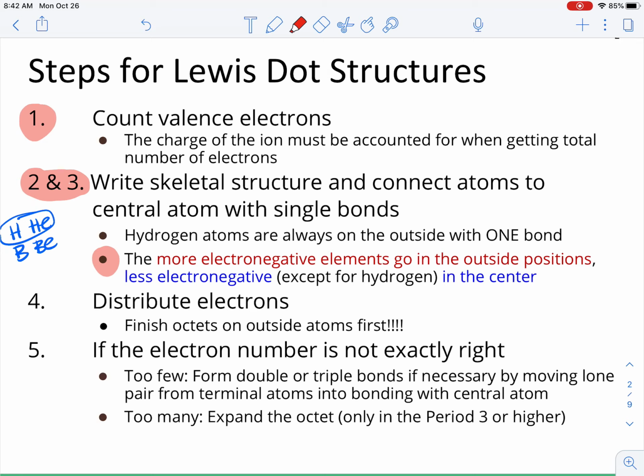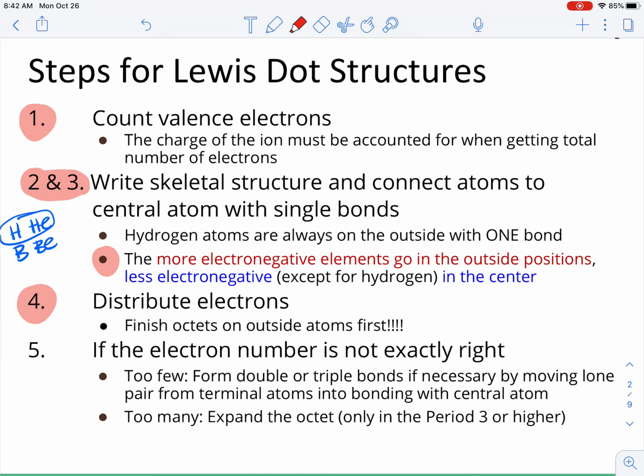After we've drawn our skeletal structure and connected with single bonds, we are going to distribute the extra electrons left over. We're going to finish our octets on those terminal or outside atoms first, and then we put them on the central atom if there's any extras.